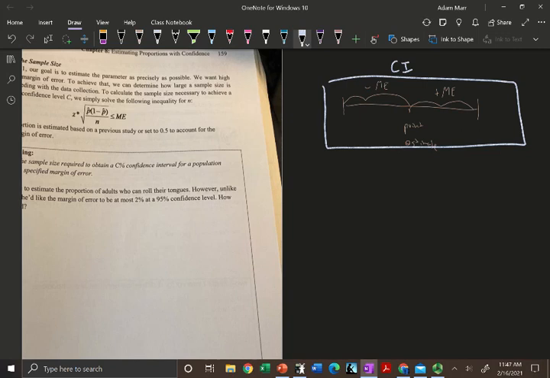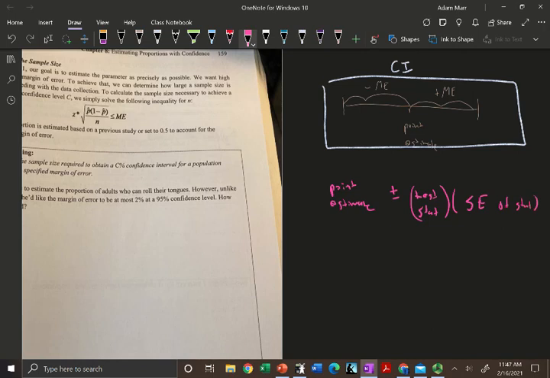And then mathematically, how that was created is what? We have the point estimate plus or minus the test statistic times the standard error of the statistic.